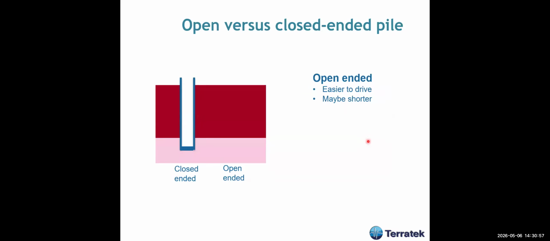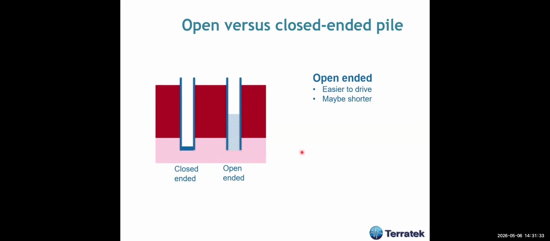The other thing that you have to consider is open versus closed-ended piles. Usually for very long piles, you don't need to close the ends. You can test for that, but usually when you have a very long pile, use open-ended. What you have here is the soil plug that enters the pile, and then it behaves like it was closed.